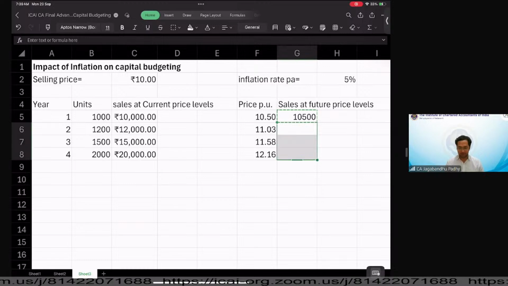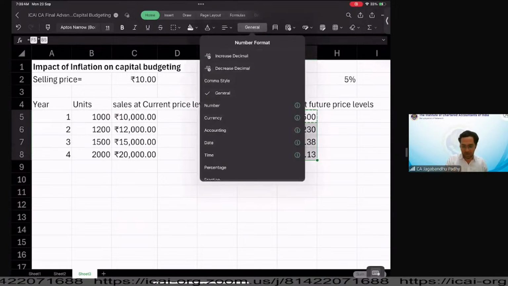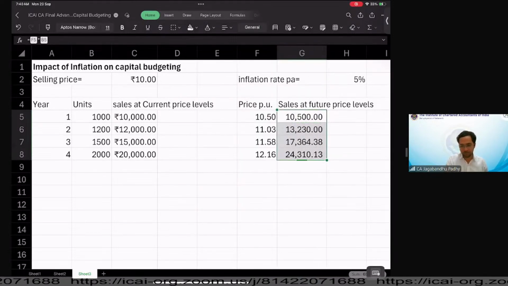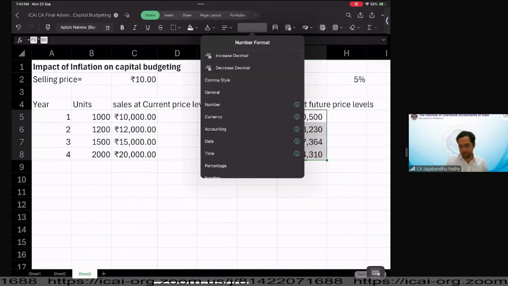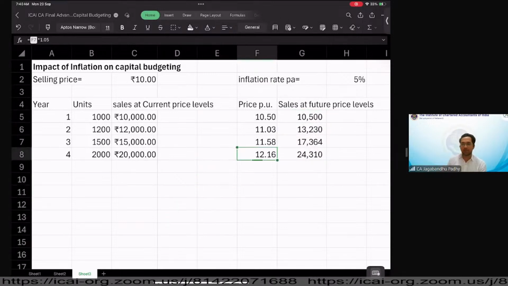That's 10,500, 13,230, 17,364, and 24,310. So these are the sales that are happening at the future price level.